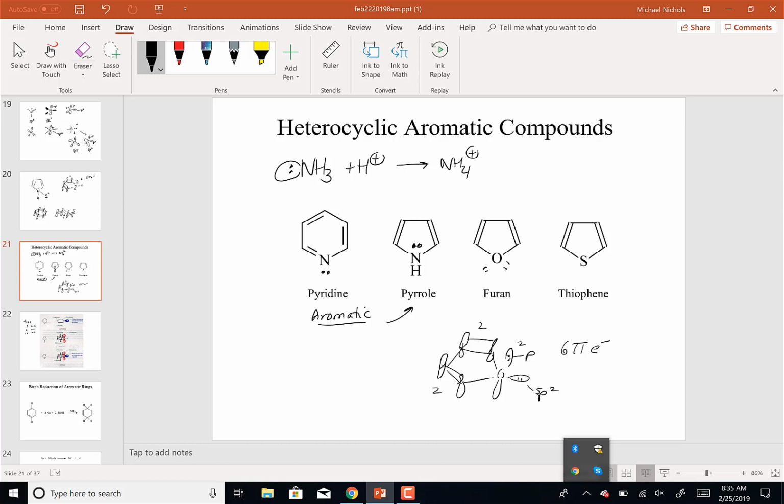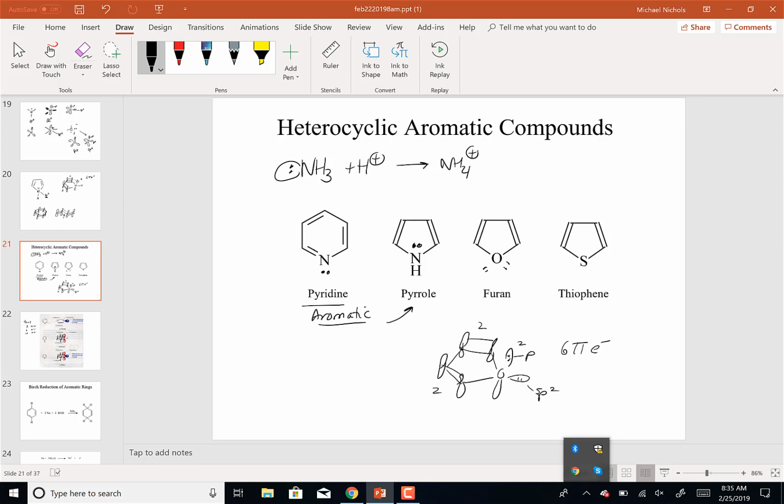So oftentimes we'll talk about, is this nitrogen basic or not? Particularly nitrogens that are in potentially aromatic systems. I'll give you 2 examples of where it is and where it isn't. So pyridine. Pyridine is not a particularly great compound. It's a reproductive hazard.